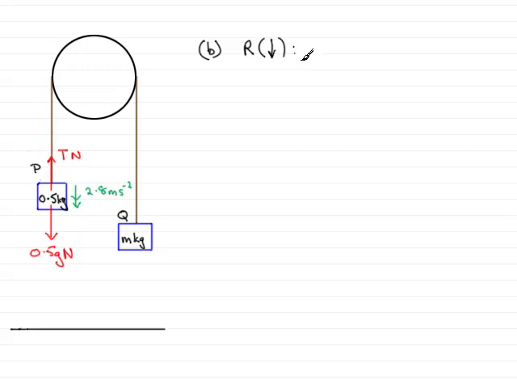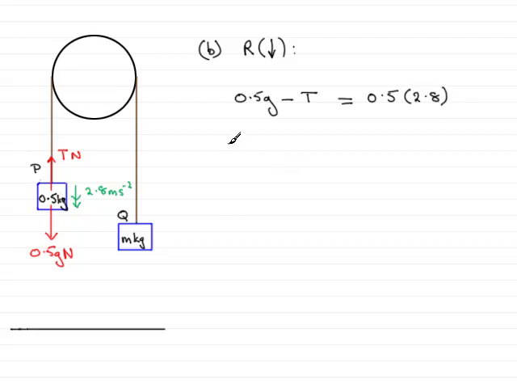So that means I'm applying the equation of motion F equals ma on P. So I'm looking at the resultant force acting on P downwards, so that would be 0.5 g newtons acting downwards, minus the force in the string, T newtons, so it's minus T. This is the overall force then acting on P, and that's equal to the mass, 0.5, times the acceleration, which is 2.8.